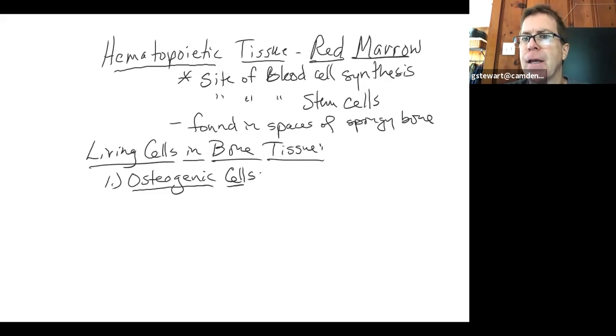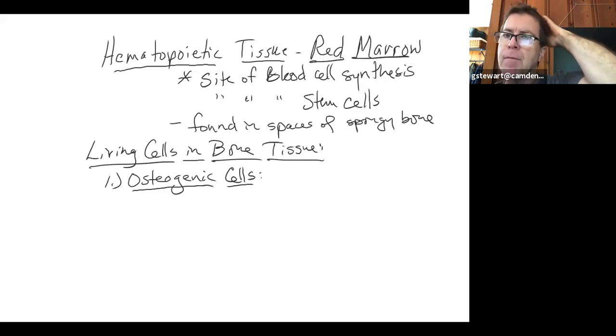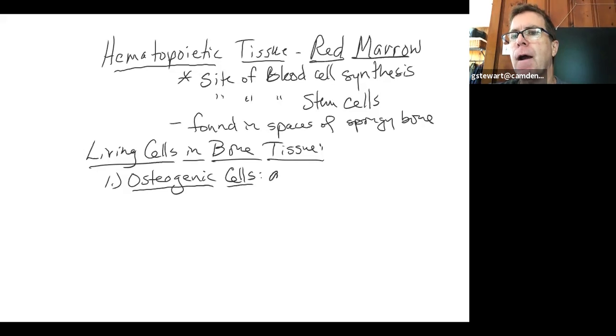That's the exact same thing. I don't know why they've gotten two different names, but I'll refer to them as osteogenic cells. But if you read or hear osteoprogenitor, that's the exact same thing. These are actively dividing. That means mitosis. They're stem cells.